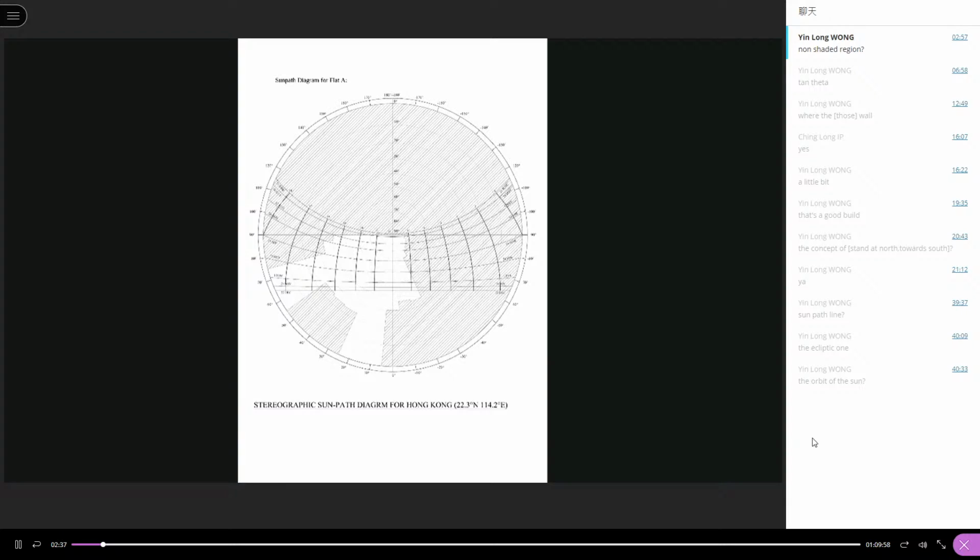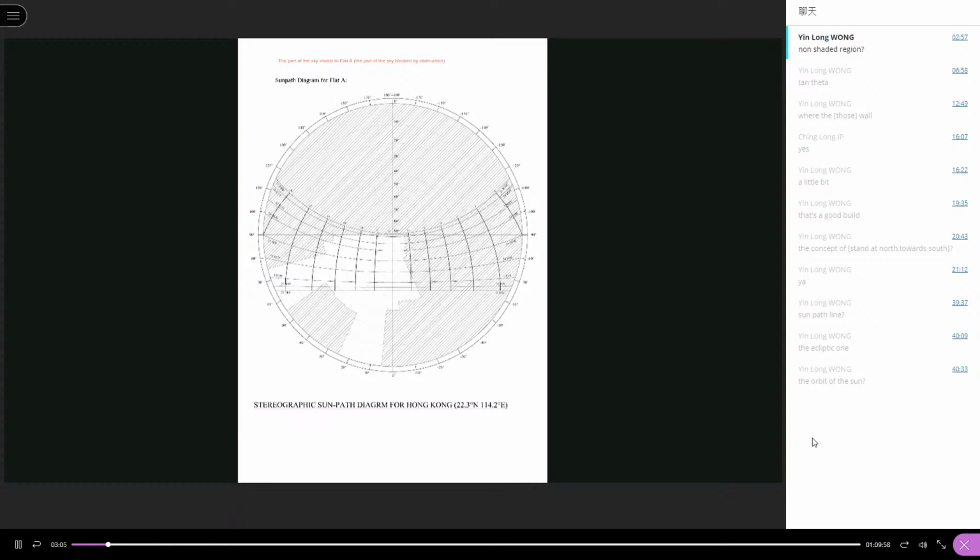This part of the diagram shows the part of the sky visible to flat A, and also the part of the sky blocked by obstruction.